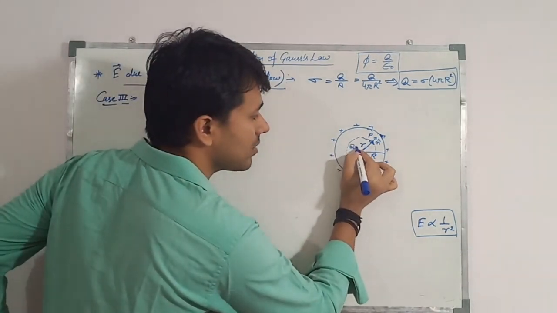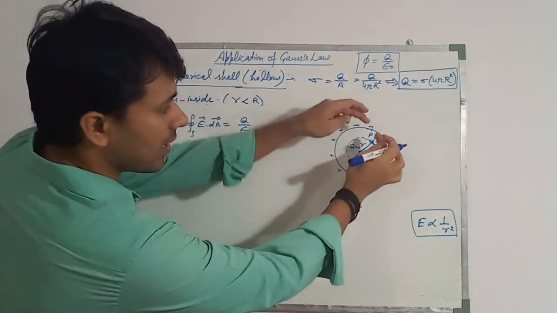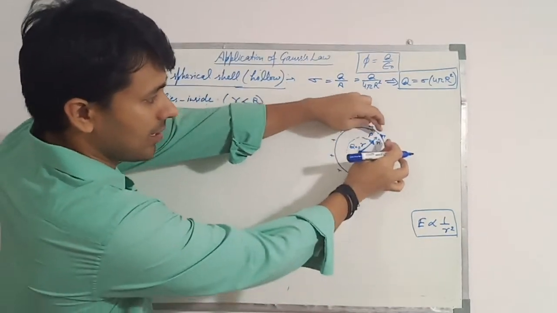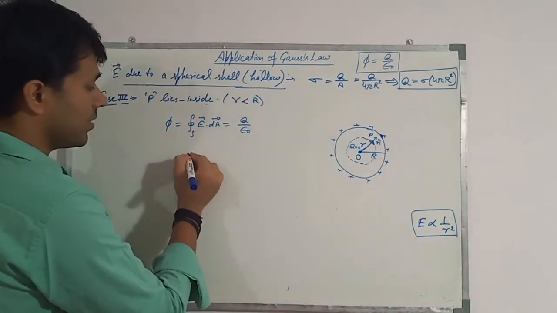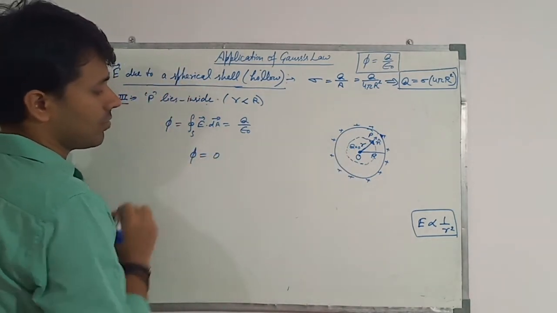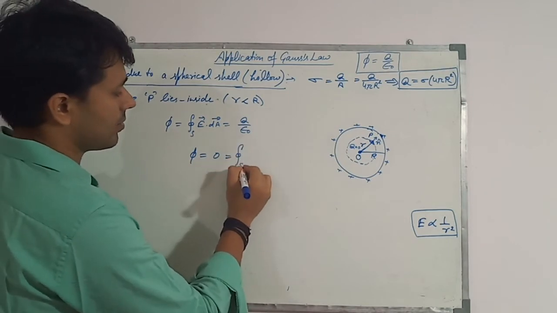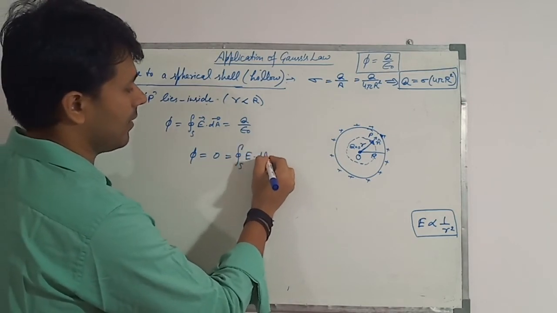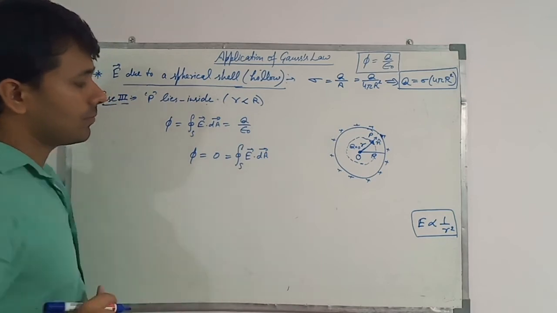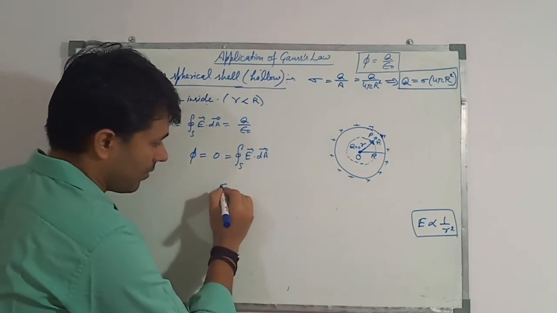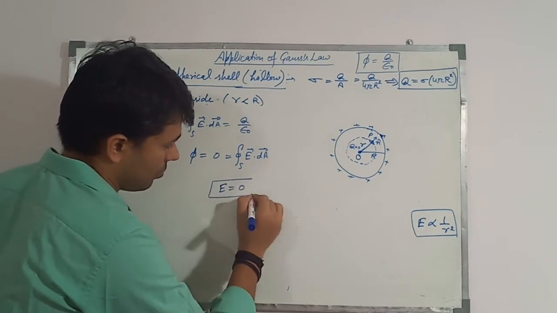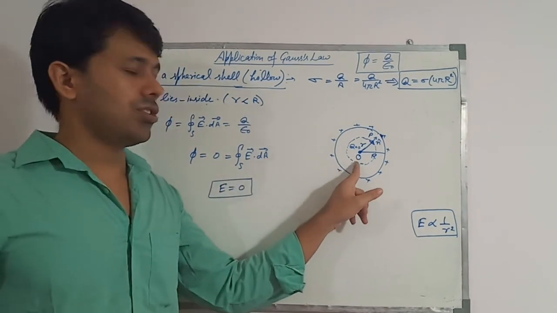Q inside the Gaussian surface is 0, because all the charge is at the surface of the shell. So inside this Gaussian surface there is no charge, which means the flux is 0. Or we can say that the integral of E dot dA is 0. The area is not 0, which means the electric field must be 0 inside the shell.